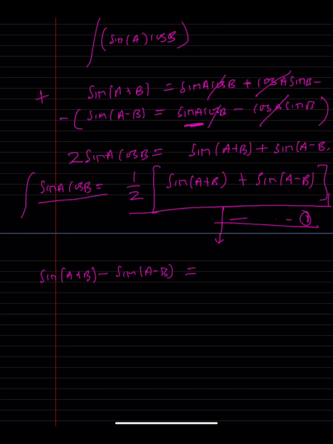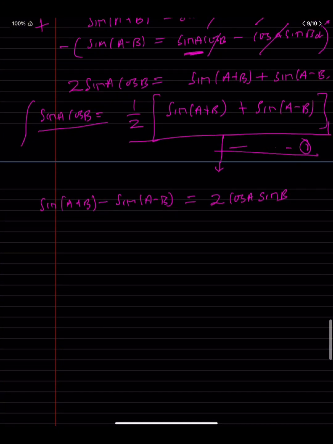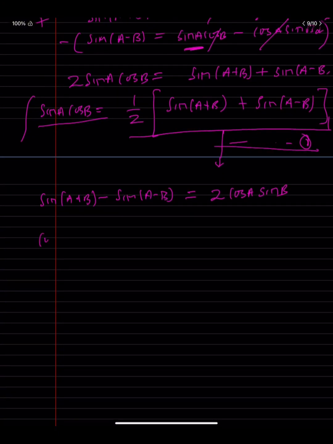So now we will be left with this part, and we are going to get 2 cos A sine B. And of course, the same approach, we are going to get cos A sine B is equal to 1 over 2 into bracket sine A plus B minus sine A minus B.